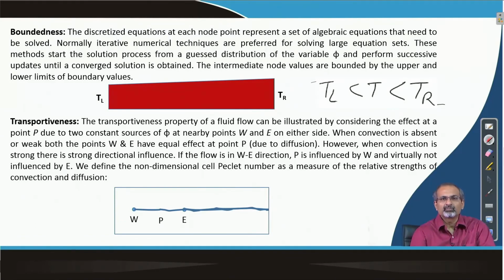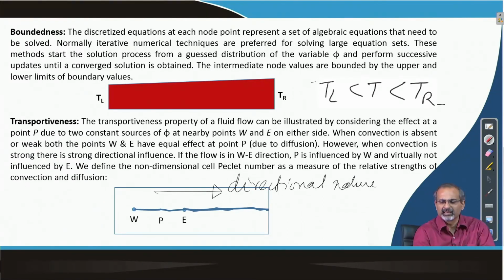Another very important property is transportiveness, which is of course closely connected with fluid flow. So, when you are talking about a flow convecting along with it a certain property, in that case we know that there is certainly a directional nature of the flow which is impacting the transport of properties.